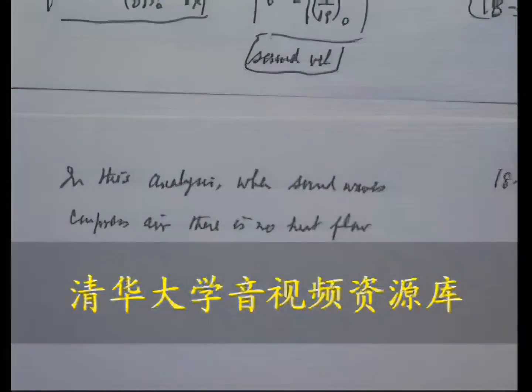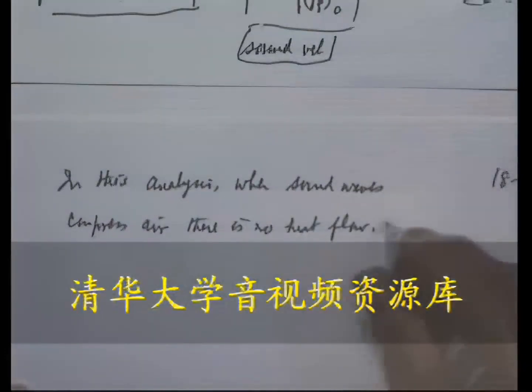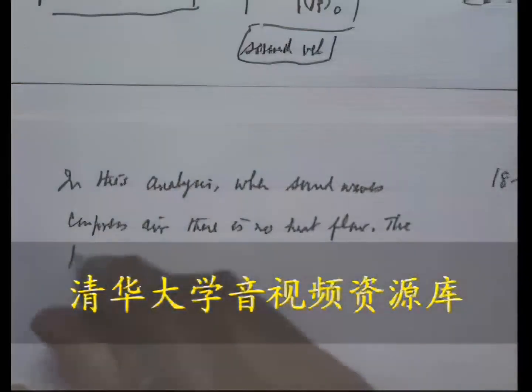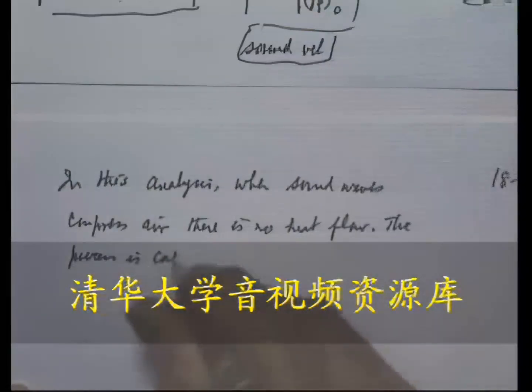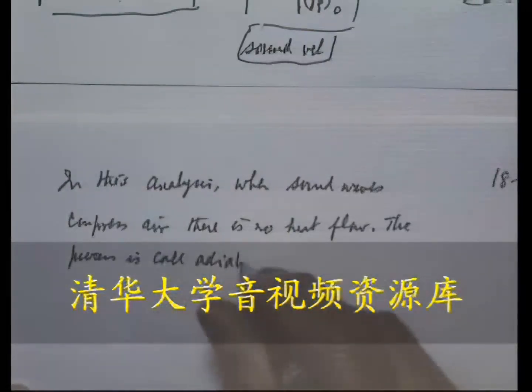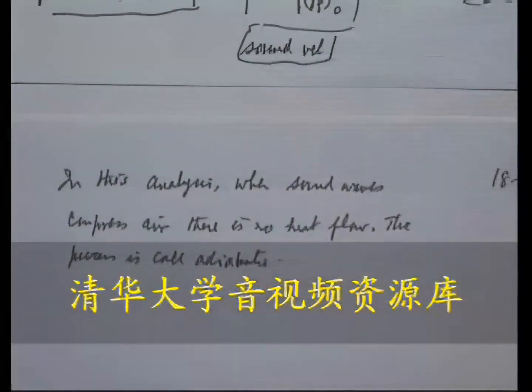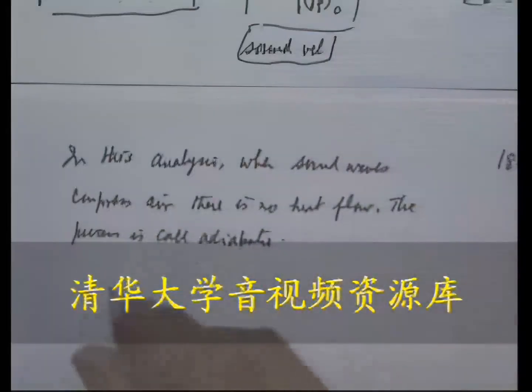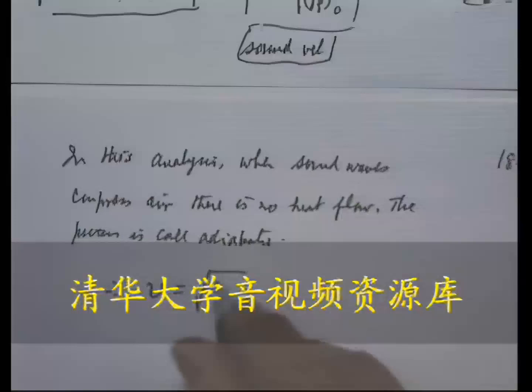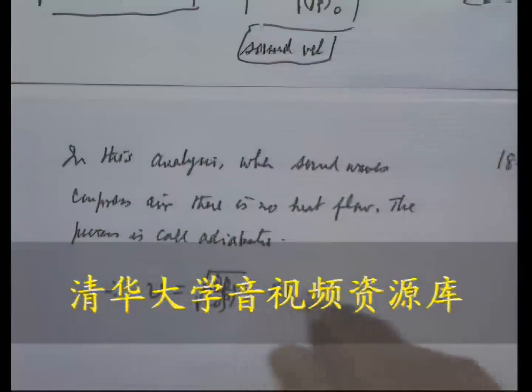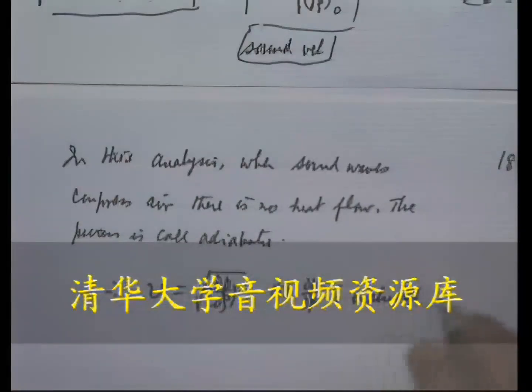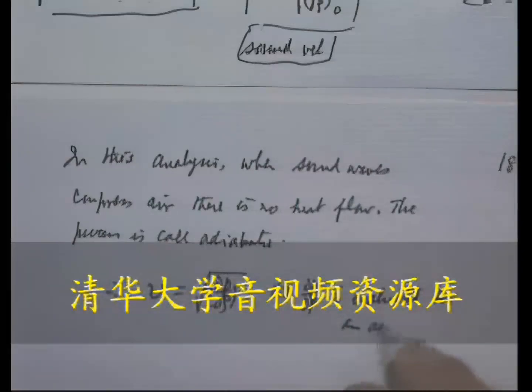And when there's no heat flow, the process is called adiabatic. So v equals the square root of dP/dρ. The dP/dρ is adiabatic, evaluated for an adiabatic compression.